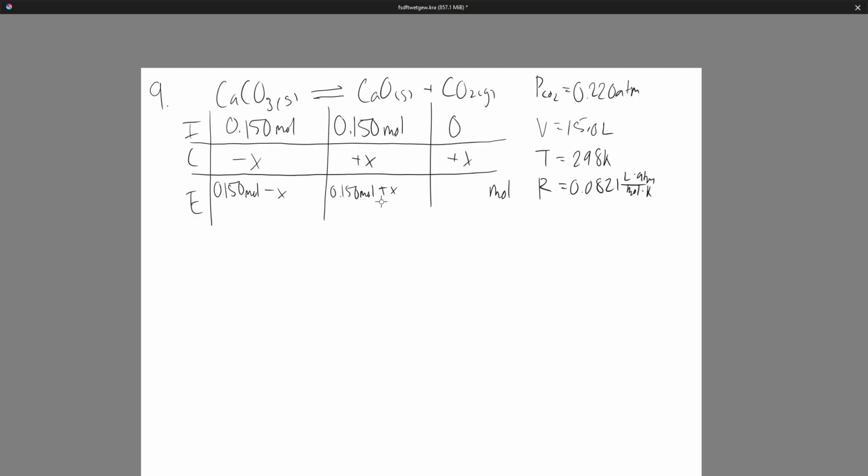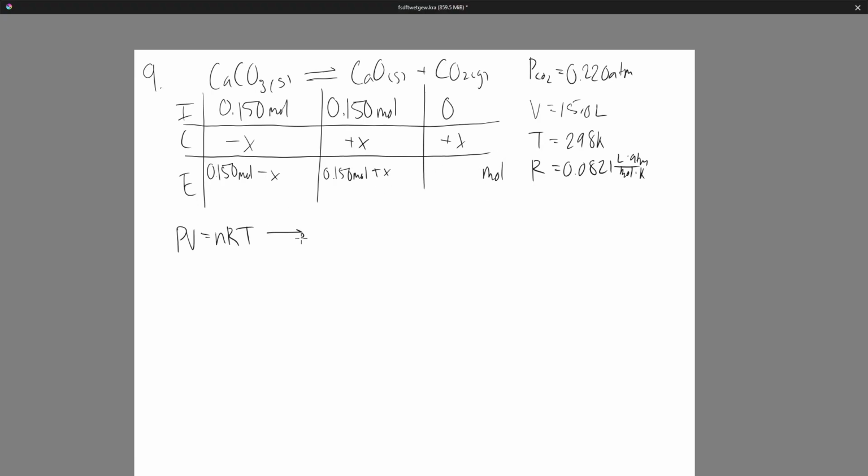That's what I meant. Seeing this, you should assume that we use PV equals nRT to solve for x. So n is what we solve for, in number of moles, right? Just rearrange to solve for n.